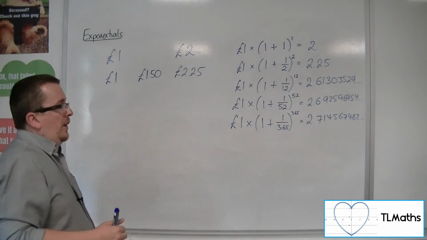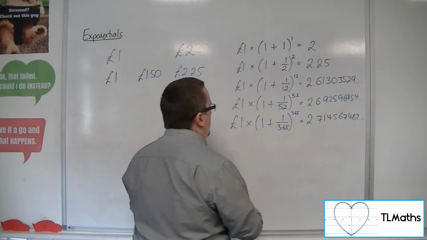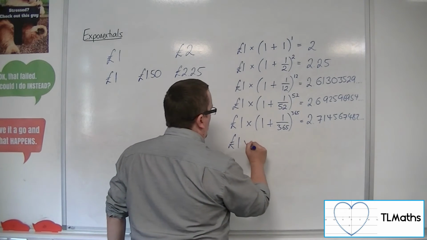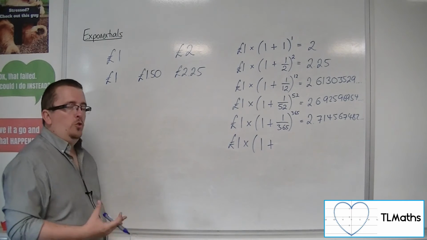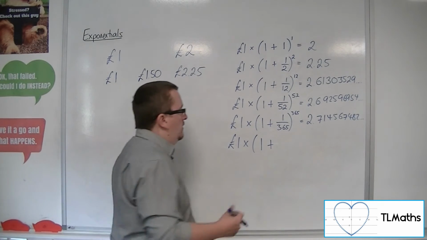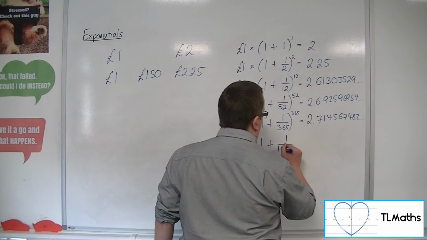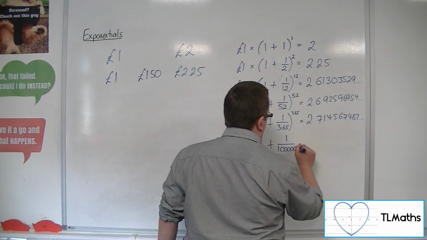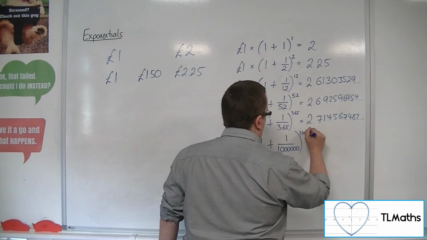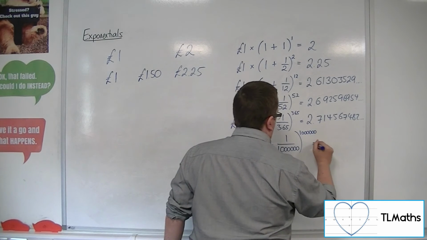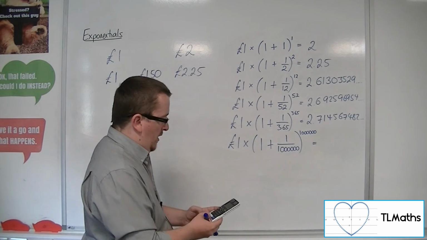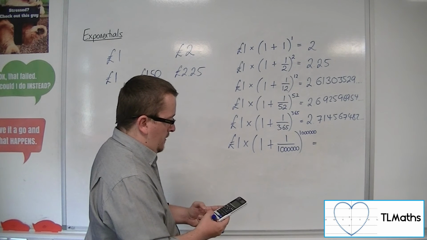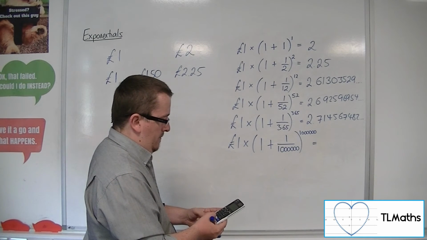Okay, so let's try one last example. Let's try one more. How many intervals should we divide the year up to? Well, let's choose 1,000,000. So 1 plus 1 over 1,000,000 to the power of 1,000,000.